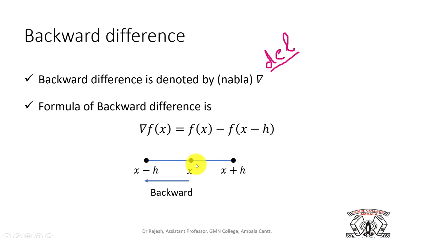So that is why it is called the backward difference operator, because it is in the backward direction with respect to x. So this is called the backward difference operator, and it is denoted by nabla, or it is also called del f of x is equal to f of x minus f of x minus h.